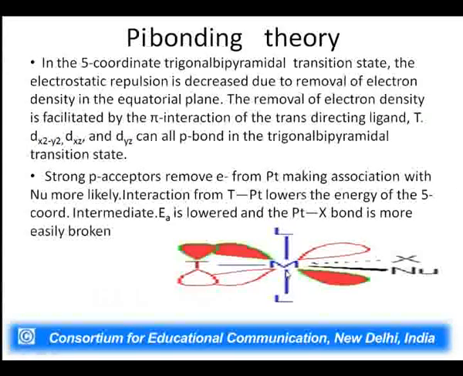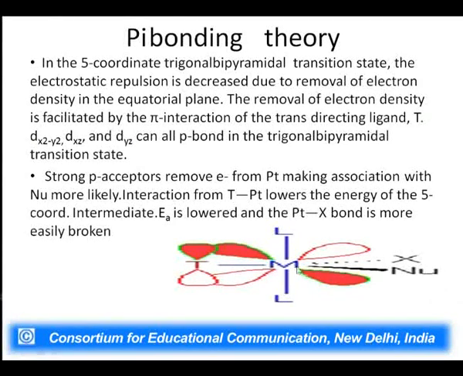If the trans ligand is a strong pi electron acceptor, it will remove the electron density from the metal as a result of d pi-p pi bonding. This d pi will bond with the pi anti-bonding of the trans ligand. As a result, the bond strength between the trans directing ligand and the metal is increased.